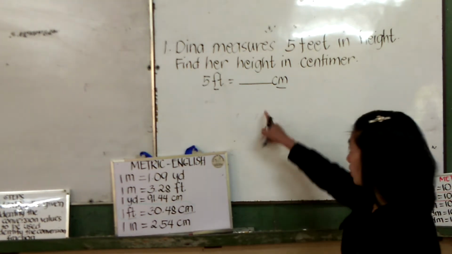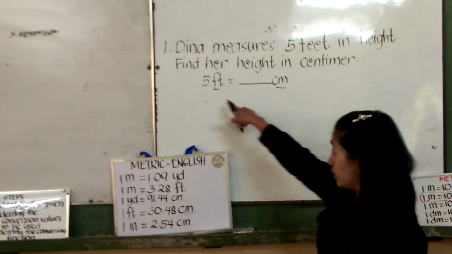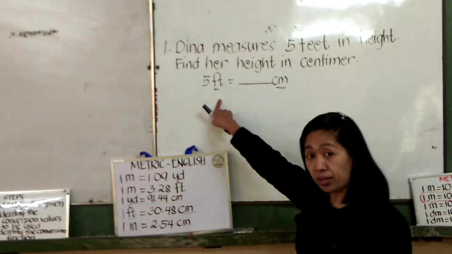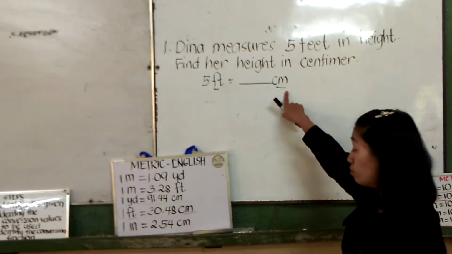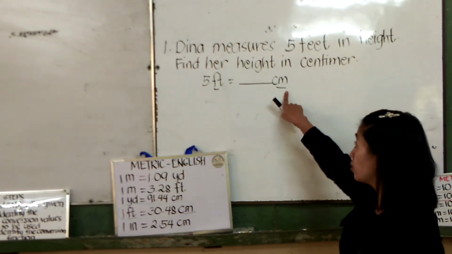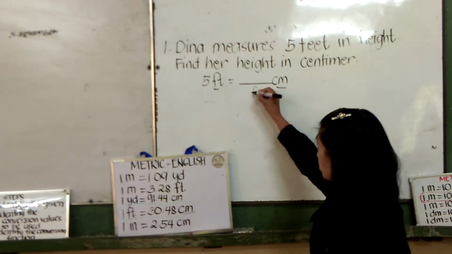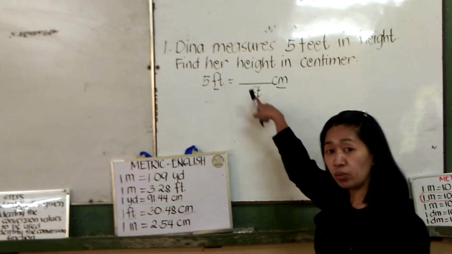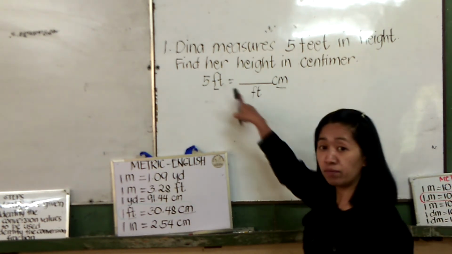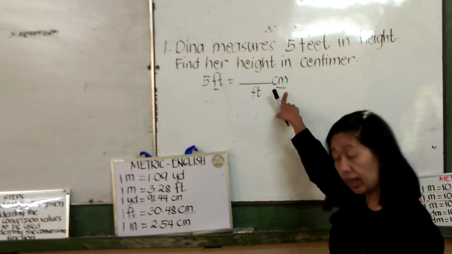So the first step to do: the problem is given in feet and we will convert to centimeters. So first, we need to write feet down here in the denominator, so that we will cancel out feet and feet so that only centimeter will be left.